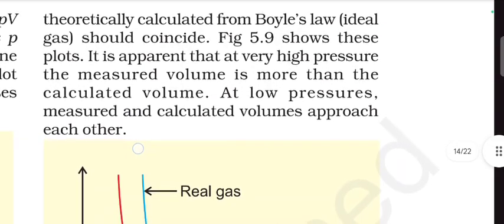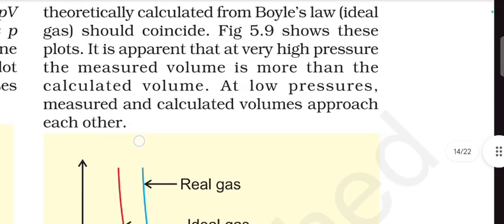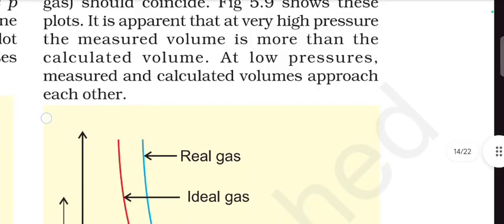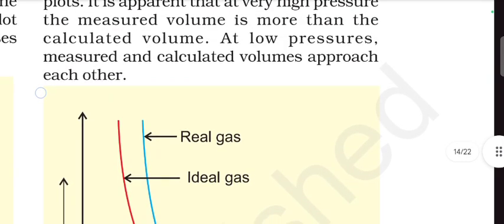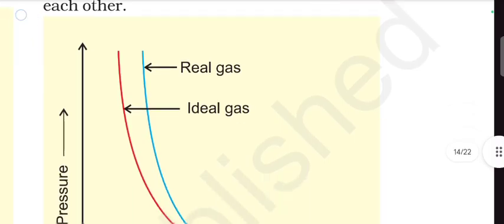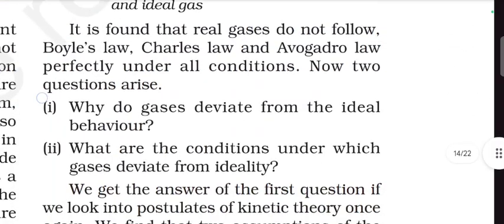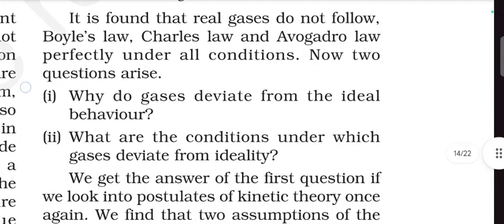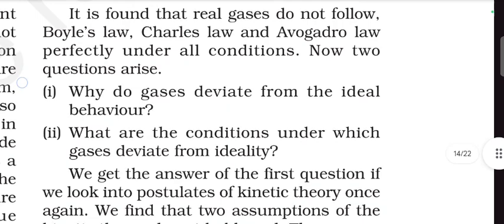Figure 5.9 shows that from these plots it is apparent that at very high pressure, the measured volume is more than the calculated volume. At low pressures, measured and calculated volumes approach each other. It is found that real gases do not follow Boyle's law, Charles' law, and Avogadro's law perfectly under all conditions.